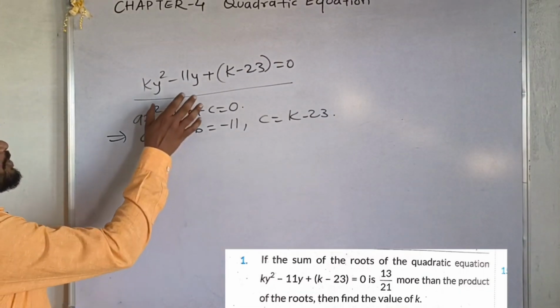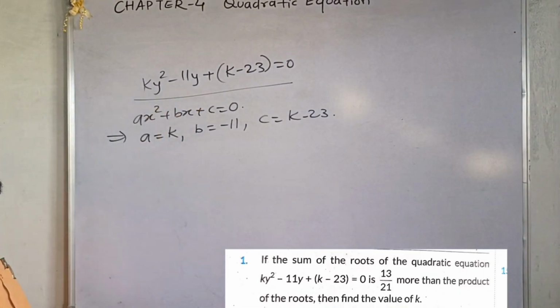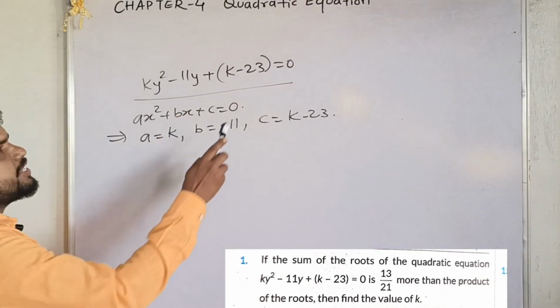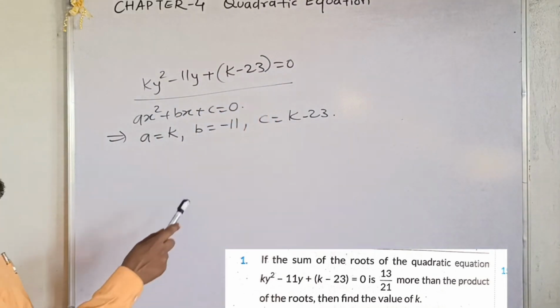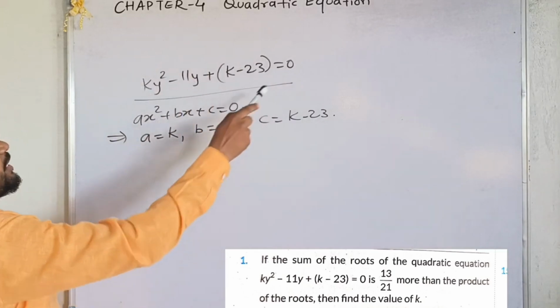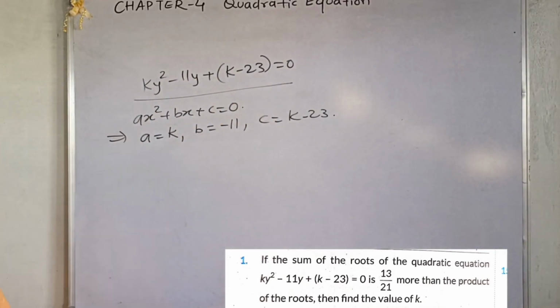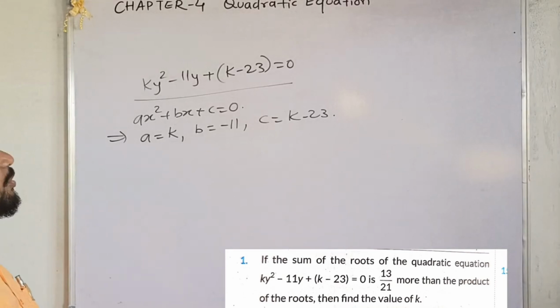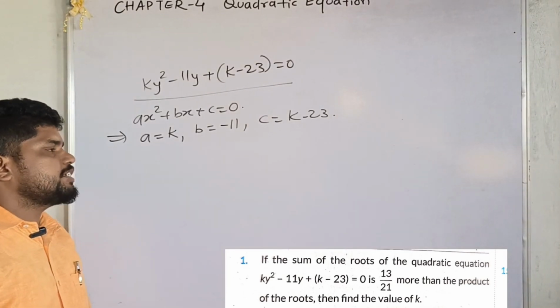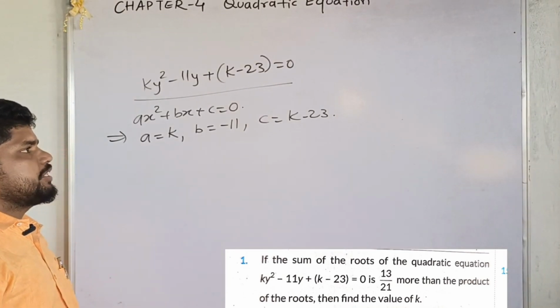Dear students, the quadratic equation is ky square minus 11y plus k minus 23 is equals to 0. Here, when we compare this given quadratic equation with our standard formula, that is ax square plus bx plus c is equals to 0, we will get the value of a is equals to k, the value of b is equals to minus 11, and the value of c is equals to k minus 23.